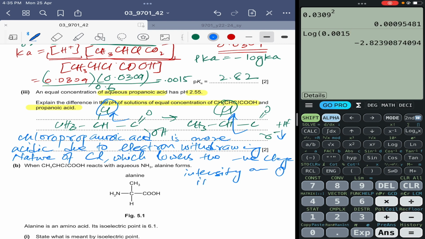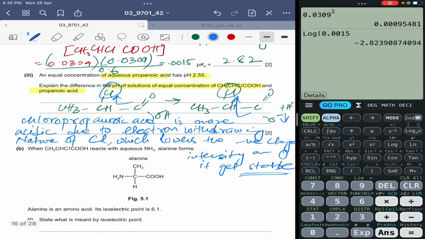So it gets stabilized, it gets stable, as compared to propanoic acid. In propanoic acid there is no chlorine. It is attached to R groups, which are electron releasing. So that's why propanoic acid is less acidic as compared to chloropropanoic acid.